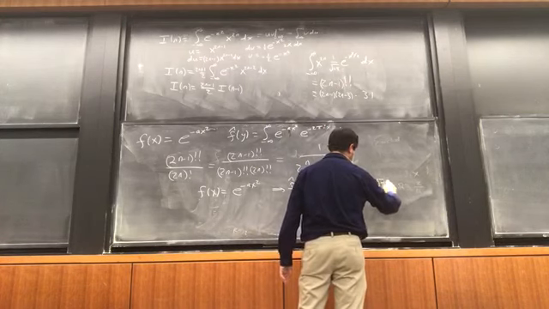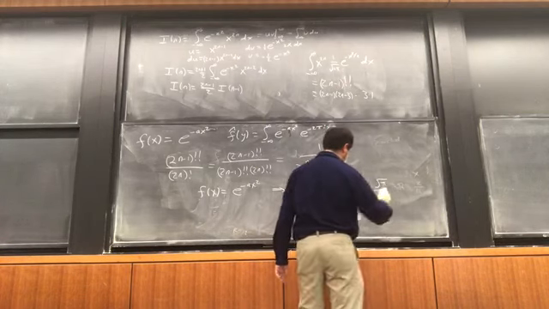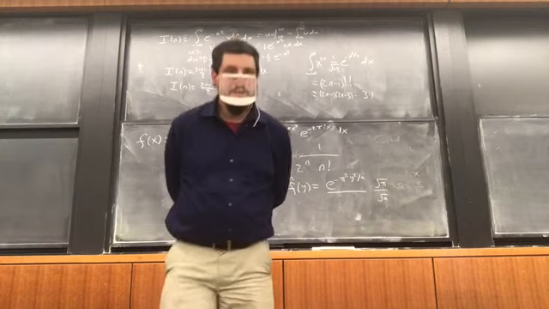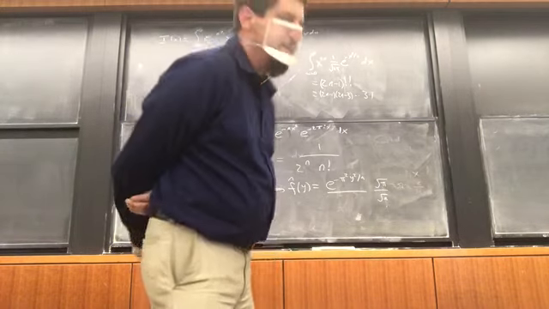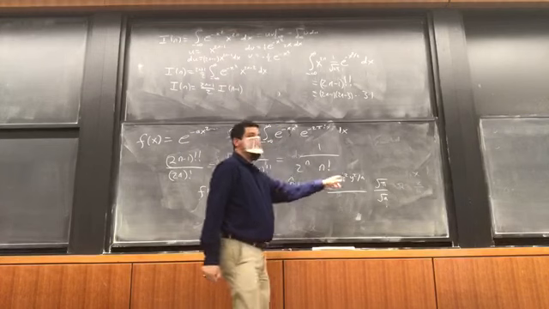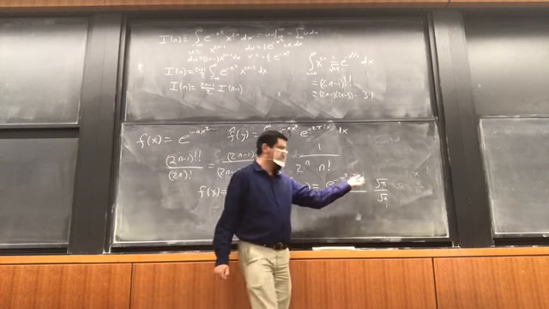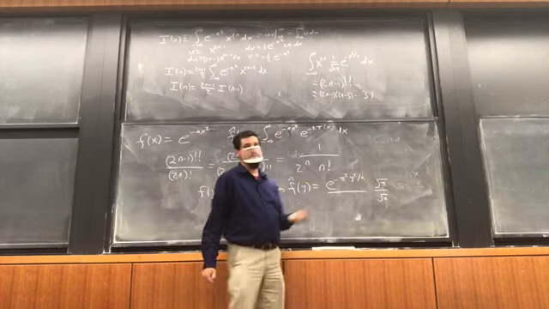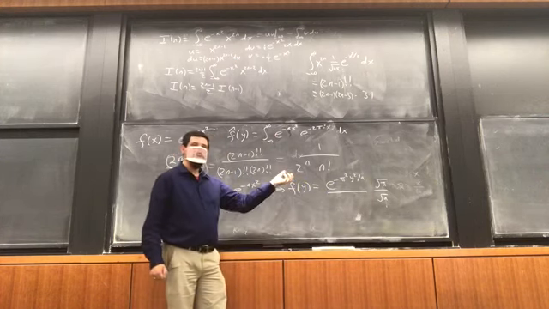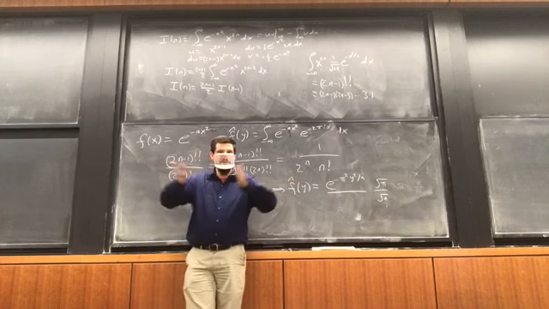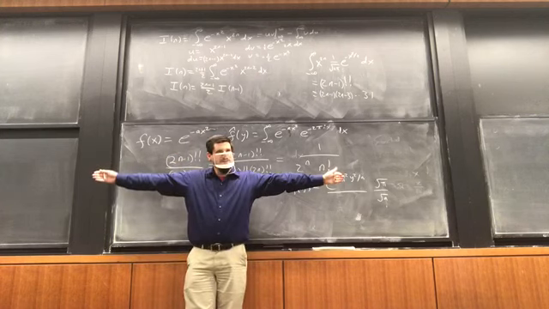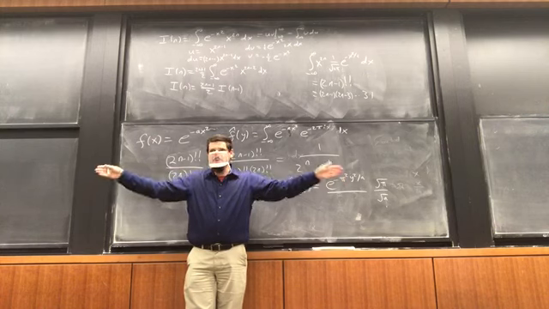So you can see it's still a Gaussian, but what happens is you had an a upstairs in the numerator of the exponent, now it's downstairs. So what this tells you is if one of them has a variance going to infinity, the Fourier transform has a variance going to 0.